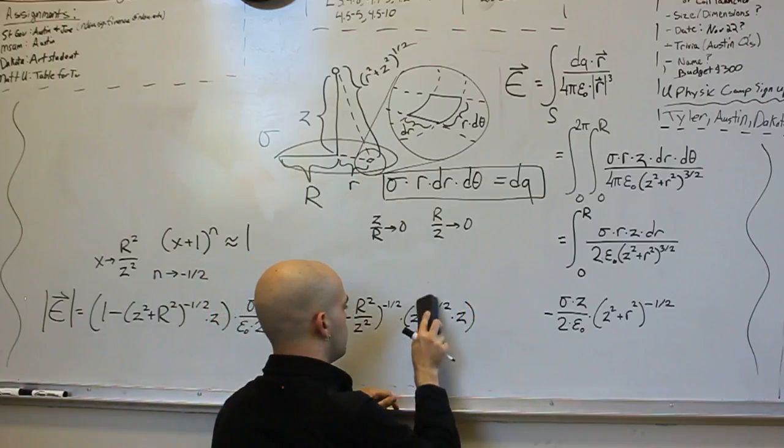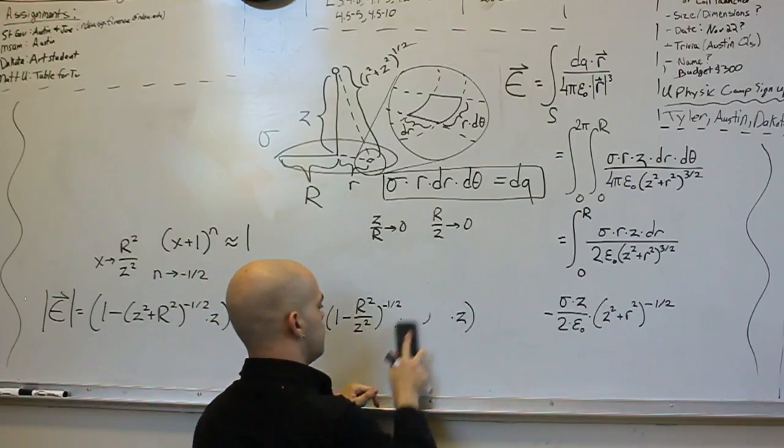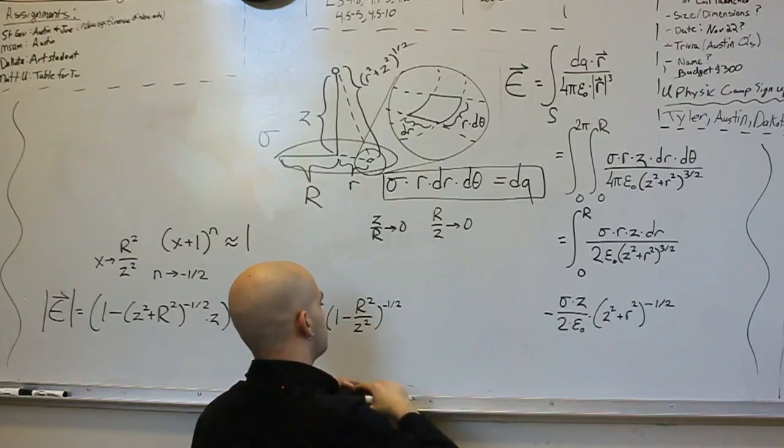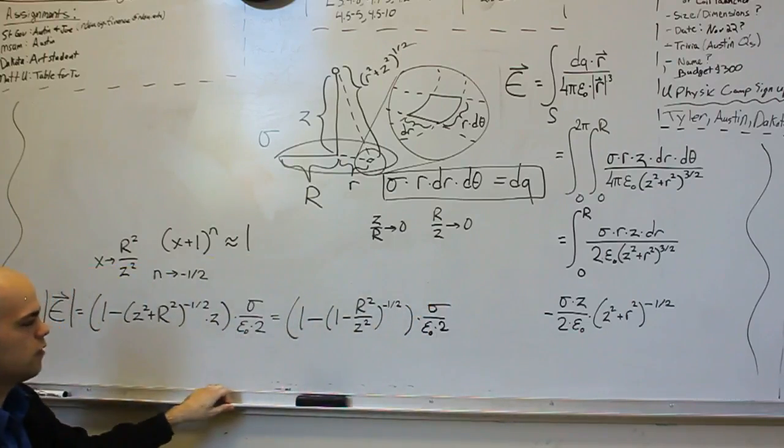Now this, of course, as we've done several times before, is 1 over z. 1 over z times z is 1, so this all goes away. Hooray for simplification. And we get this. Looks very nice.